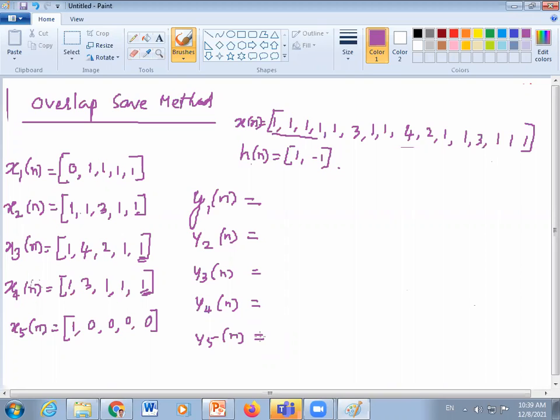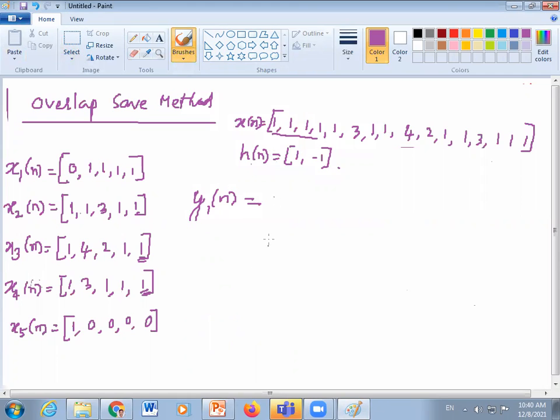Yes, anybody has got the answer? Okay, so here again y1 of n we can calculate by using the circular convolution method.